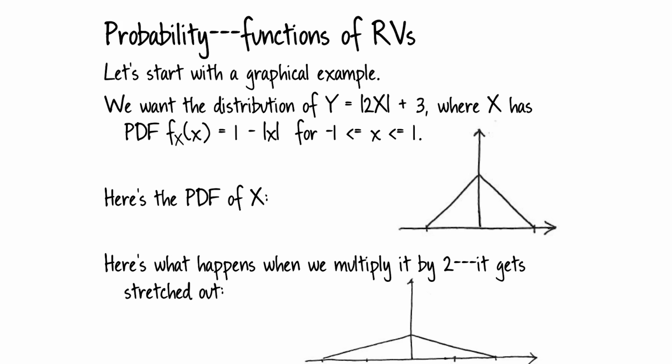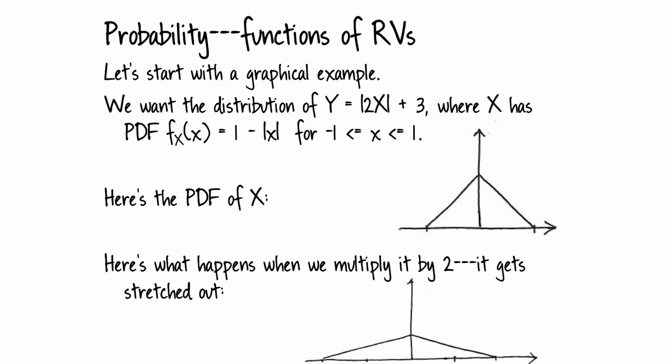So first I've drawn the PDF of x. I gave it to you in formula here, and then I'm drawing what it looks like graphically. Let's consider this function step by step. Let's first multiply the random variable by 2. What happens to the PDF when we multiply the random variable by 2?